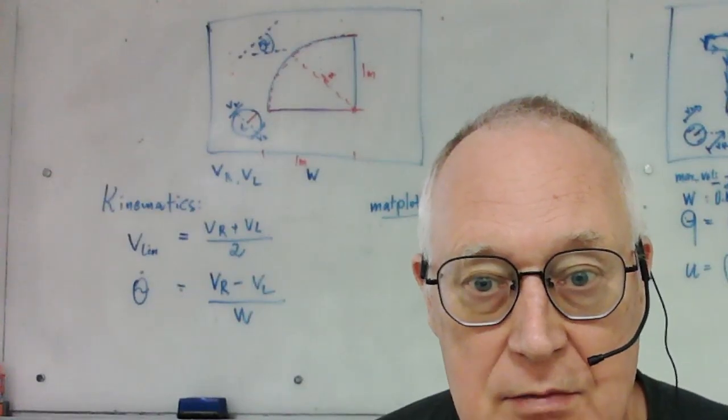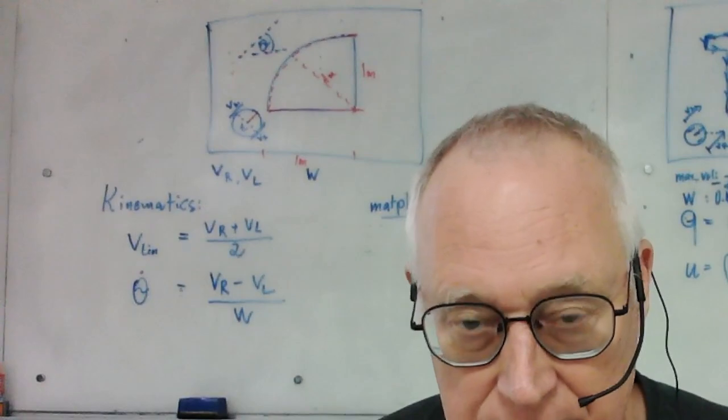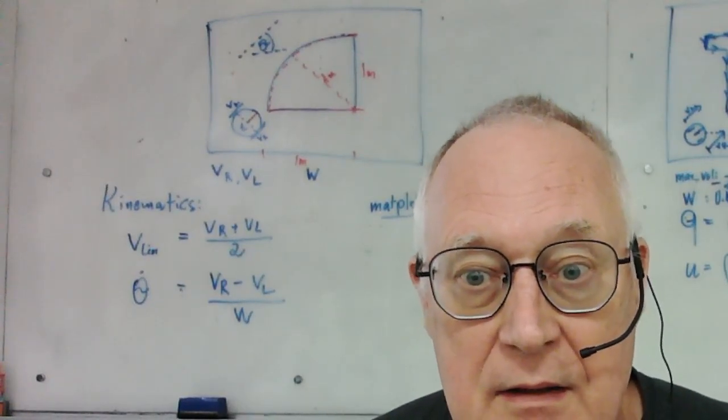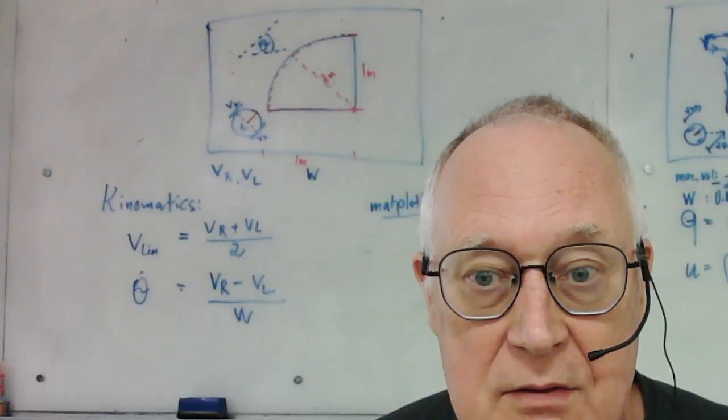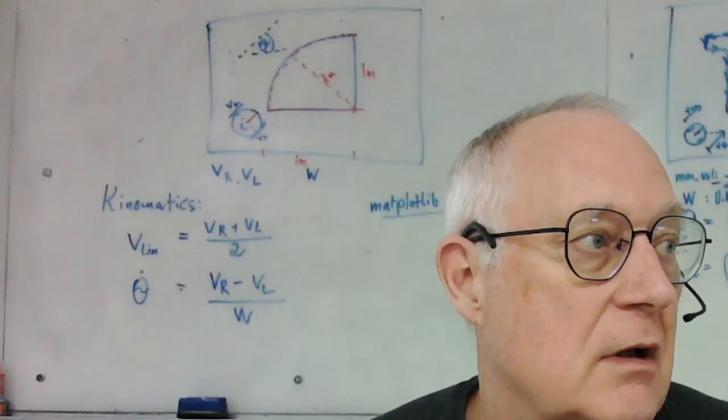Radius still equals 2. And then color is what color you want.